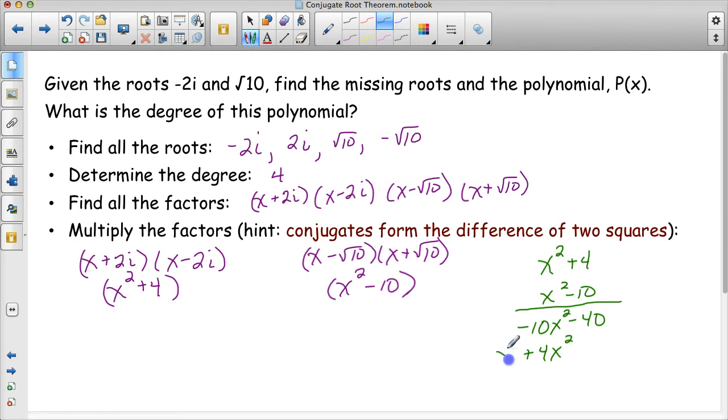And x squared times x squared is x to the 4. And now I add like terms. X to the 4, negative 10x squared plus 4x squared is a negative, not a positive, negative 6x squared, and then I have negative 40. And this is my polynomial p of x.